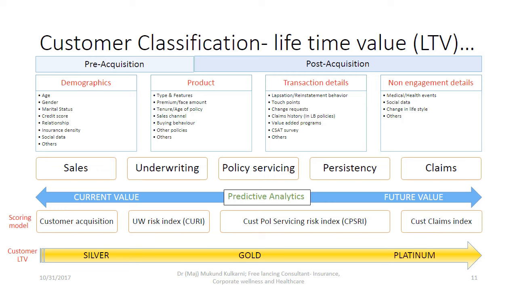And once we generate leads based on these customer acquisition scores, we can then use something called the underwriting risk index, which is nothing but how risky the customer is from the face value of the information provided at the time of underwriting.